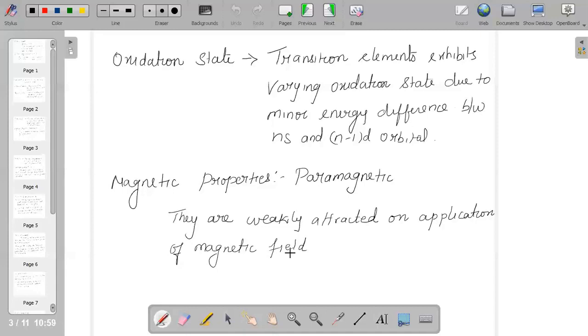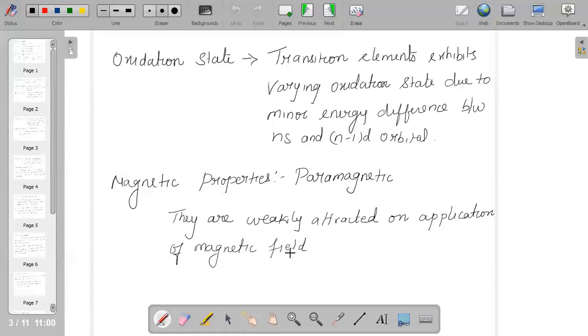It is also an important part of the chapter: in the exams they will give you options and we have to choose whether it is paramagnetic or diamagnetic in nature. If you do the electronic configuration of the given option, whichever has unpaired electrons will be paramagnetic, and because of the absence of unpaired electrons, we say it is diamagnetic. So it's very important to remember.